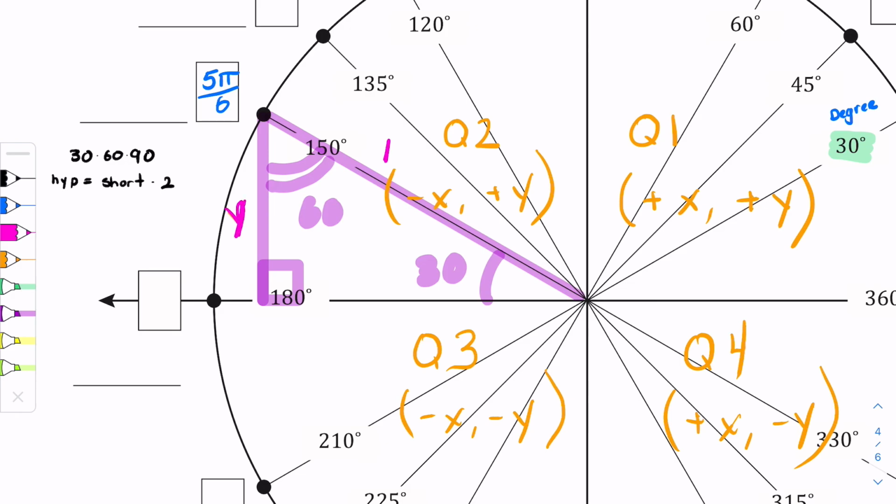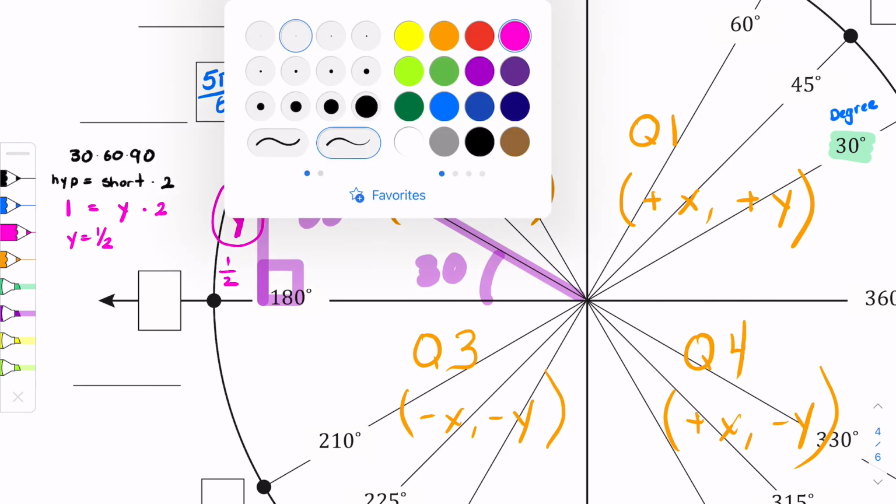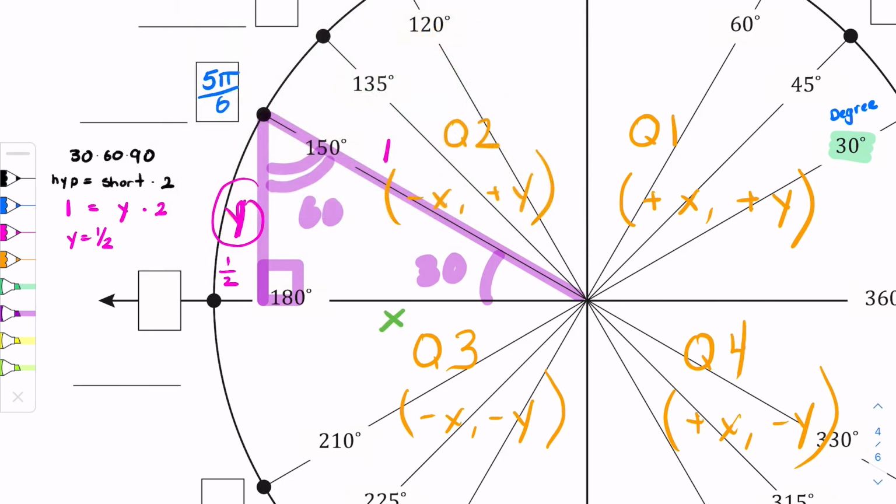Substitute in the value of the hypotenuse, which is 1. The short leg, I'm using a variable y, times 2. Divide both sides by 2. Y is equal to 1/2. All right, so this value is 1/2. I'm going to label the last side, the long leg, as x.